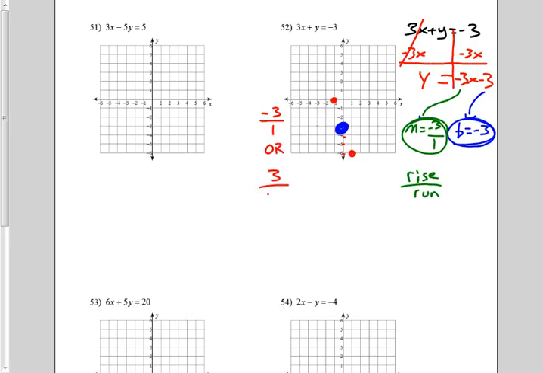Both of those are the same exact slope. And I've utilized both here in order to graph some points. You want to graph as many points as you can. So, from where I left off, I'm going to go up 3 over 1. There's a new point. Up 3 over 1. There's a new point. And you can see I build in as many points as possible.